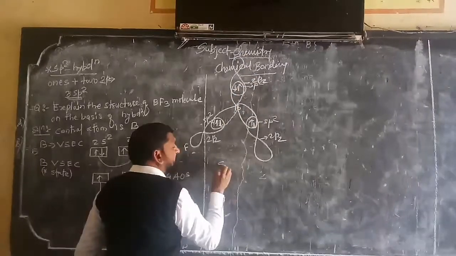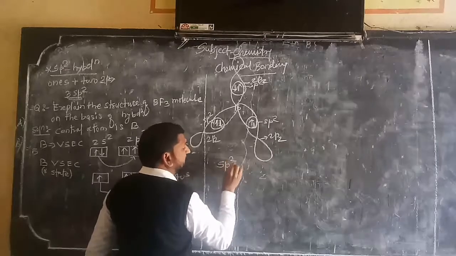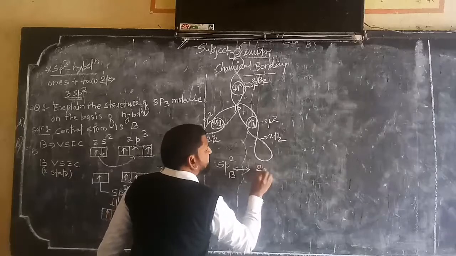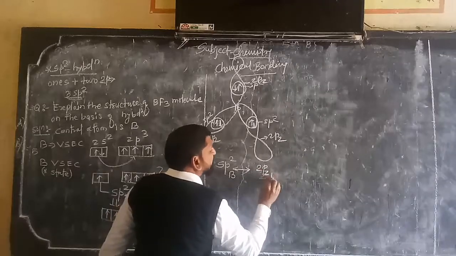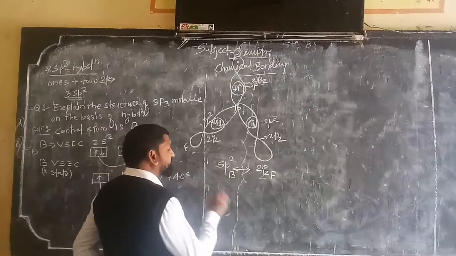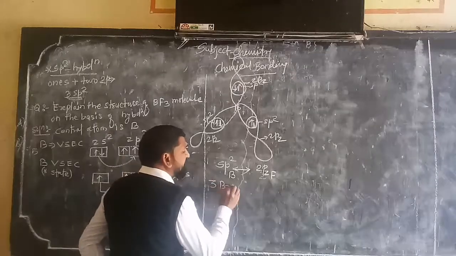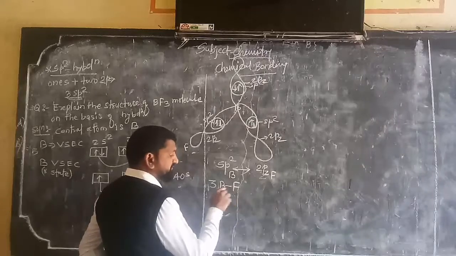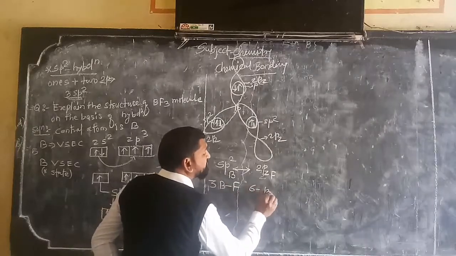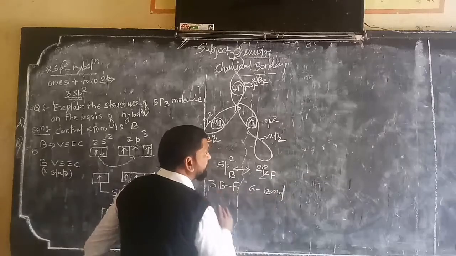So there is an overlapping between sp2 of boron and 2pz of fluorine. In this way, there is a formation of 3 B-F sigma covalent bonds, that is boron fluoride. Which bond? Sigma covalent bond.